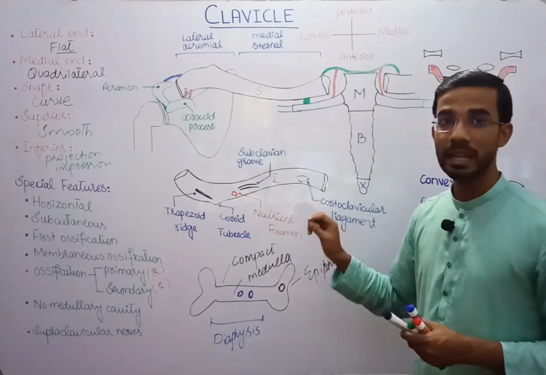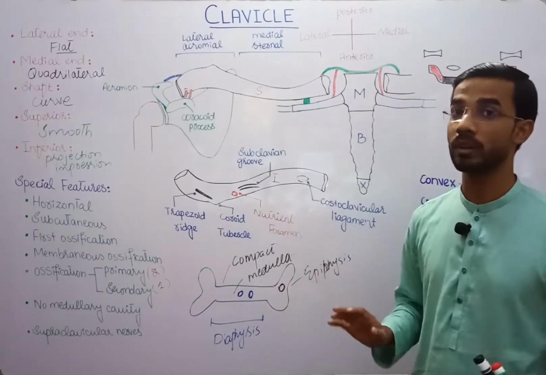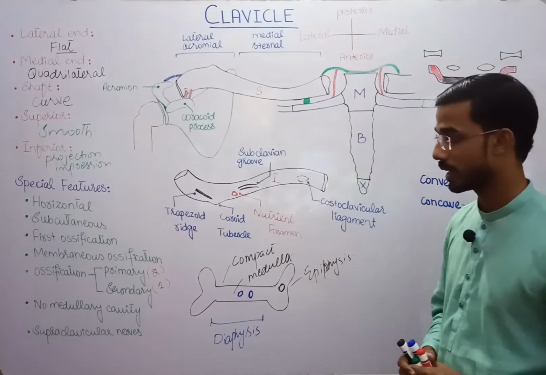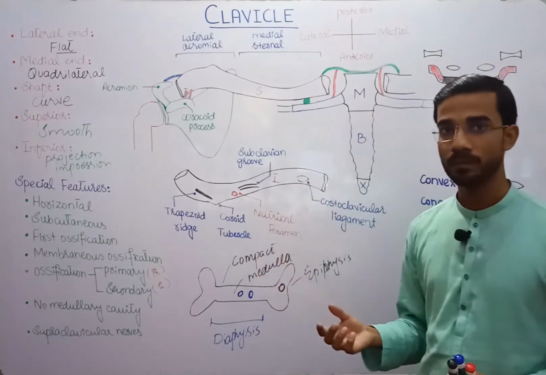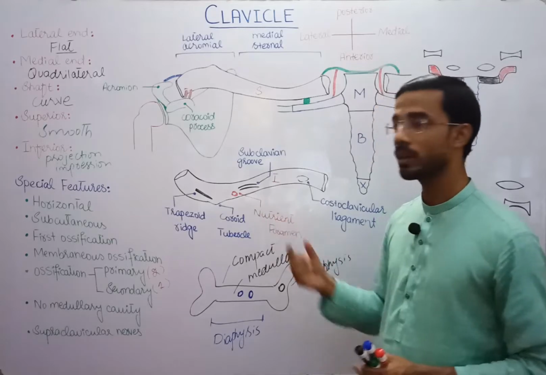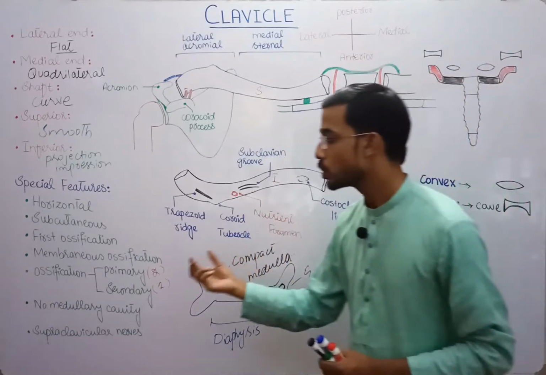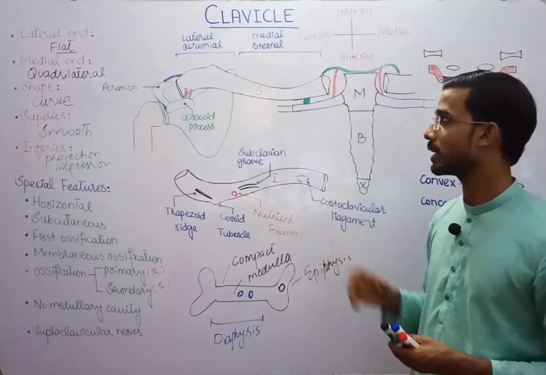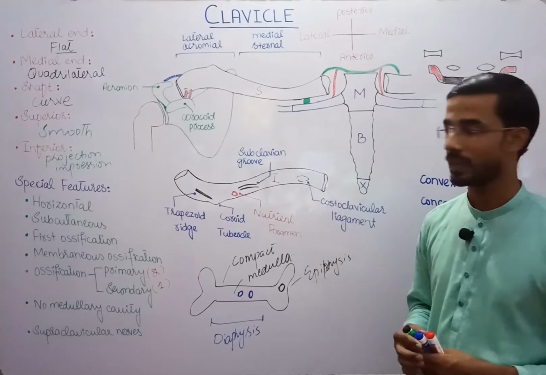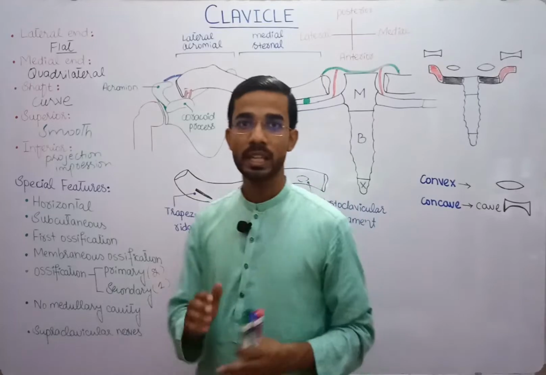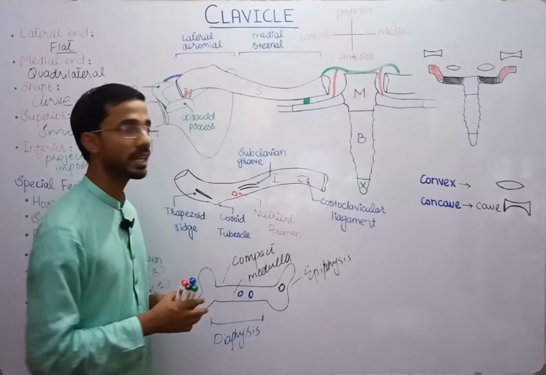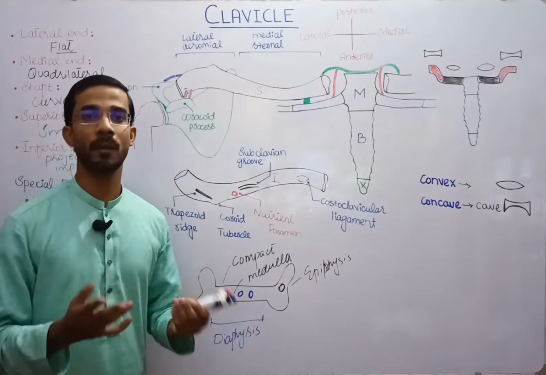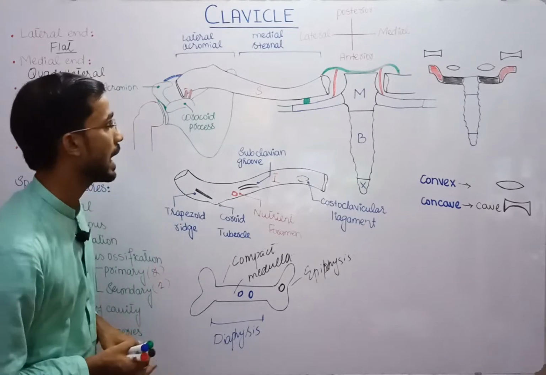But in the clavicle there is no medullary cavity present, and the nerve supply to the clavicle is the supraclavicular nerve. Next, we will see the location of the clavicle and what ligaments are present in it.